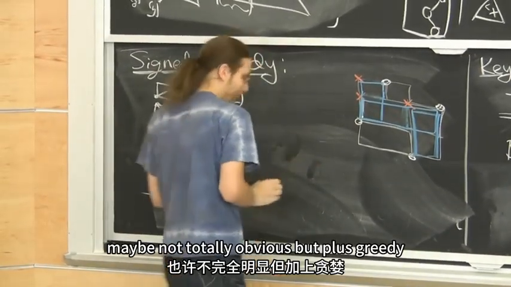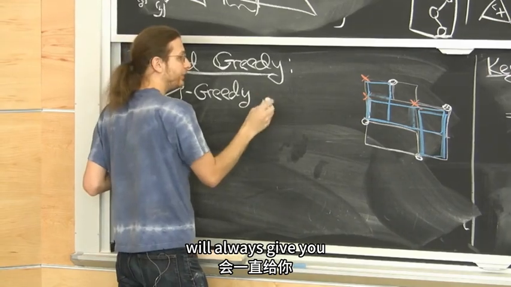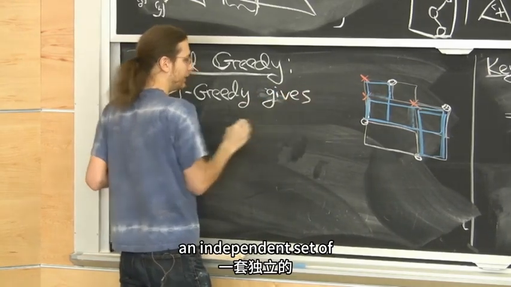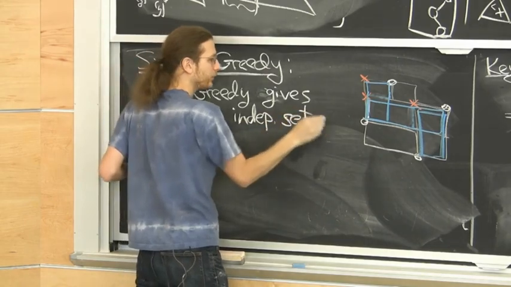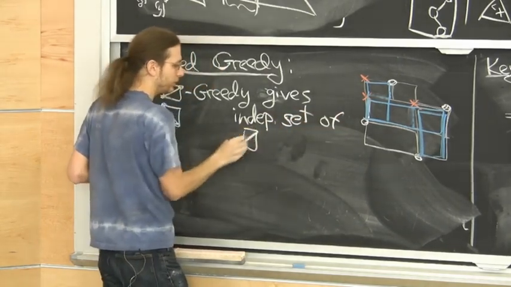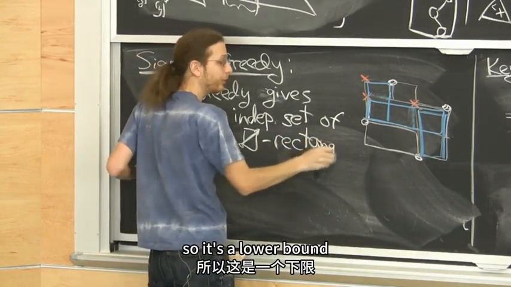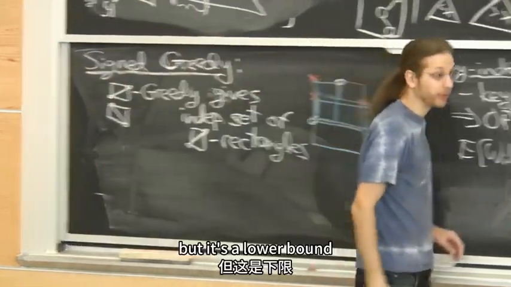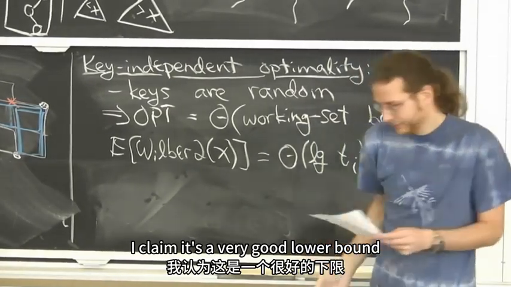Maybe not totally obvious, but plus greedy will always give you an independent set of plus rectangles. So it's a lower bound. It's not an upper bound because it's not satisfying the point set, but it's a lower bound. I claim it's a very good lower bound.